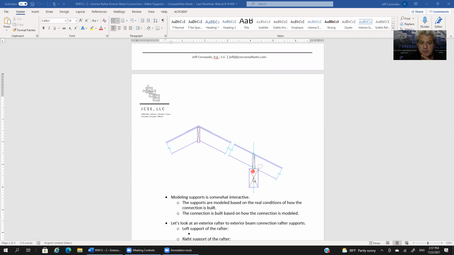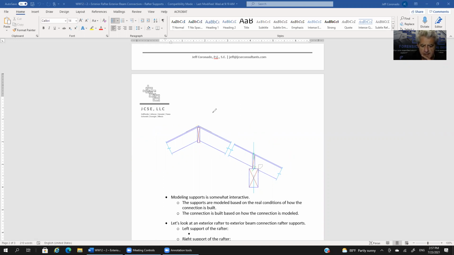And then we've got a beam that supports the rafter at the lower end. It's not entirely clear whether this would be symmetrical. It probably doesn't matter what's going on the left side, because we're not focused on the rafter highlighted in red. We're focused on the rafter in yellow, right?